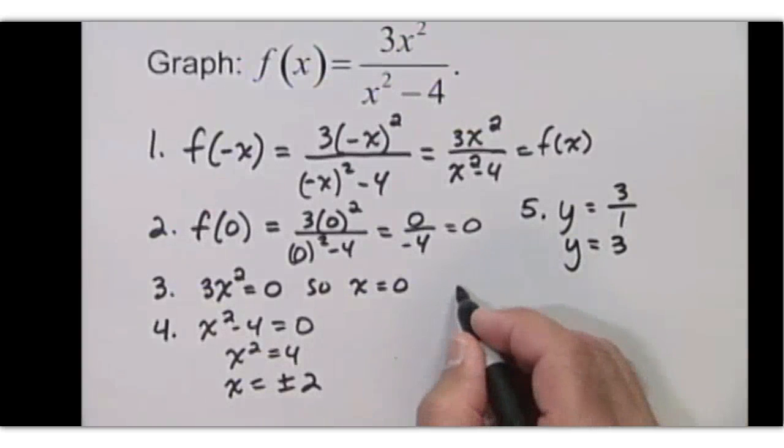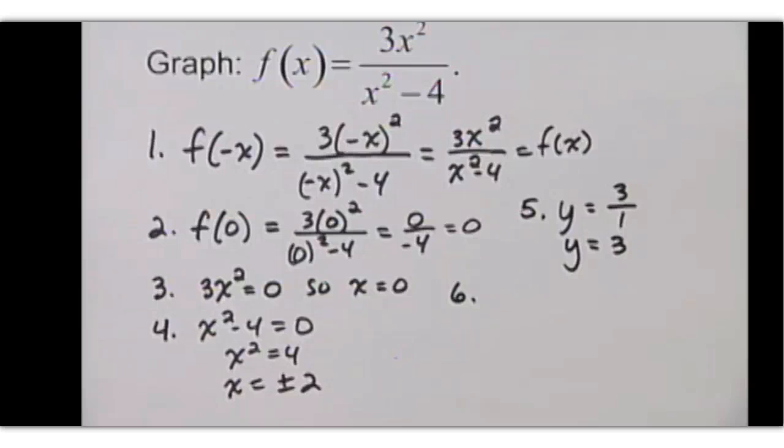Step 6 is to find or locate points that are between and beyond the x-intercept and vertical asymptotes. With the x-intercept being at 0 and the vertical asymptotes at x equals negative 2 and x equals positive 2, we want to evaluate the function at the following points.